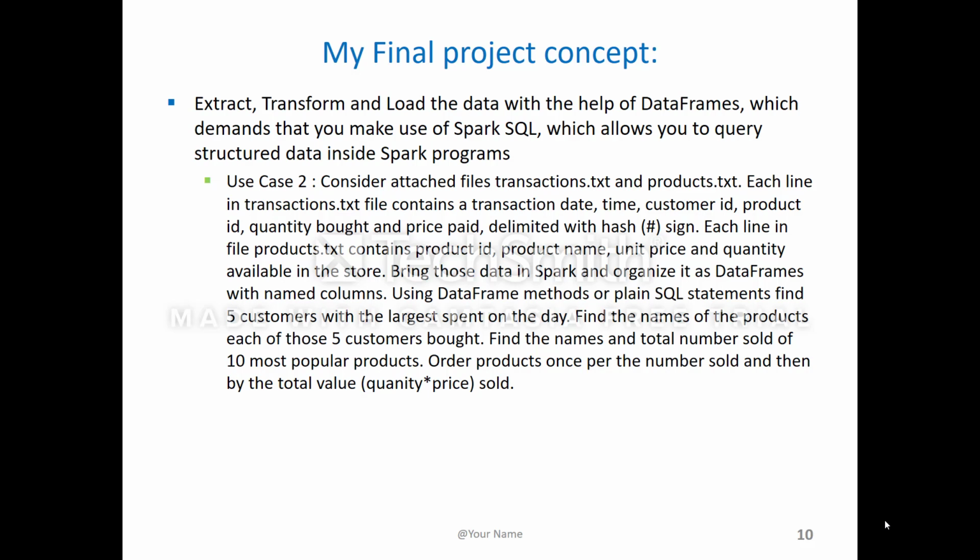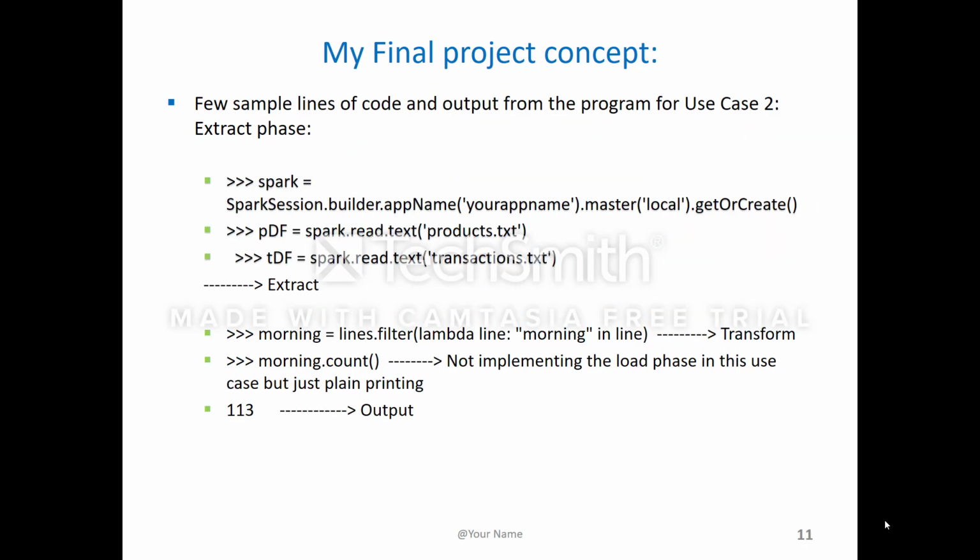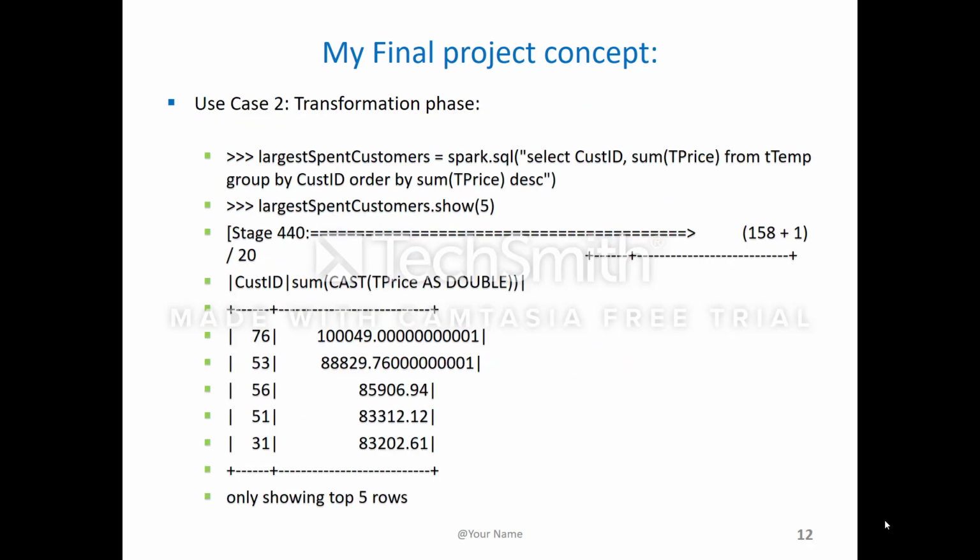Another exercise is to find the names of the products each of those 5 customers bought, and another exercise is to find the names and total number sold of the 10 most popular products. That's about use case 2. The next few slides show sample lines of code and output from the program for use case 2. You see some extract phase and then the output.